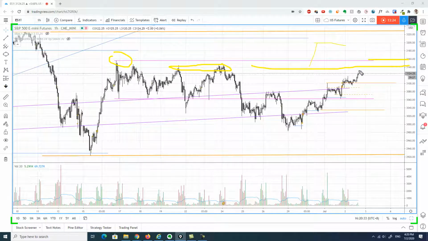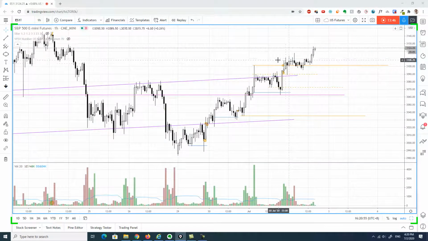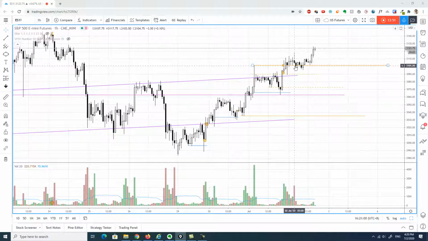And if we can just have a strong breakout, maybe we can see a test of this swing high at 3230. That's the previous swing high that we had there. For the immediate resistance and support levels, because we didn't really have a significant level at the moment, so far I'm still sticking to 3100.